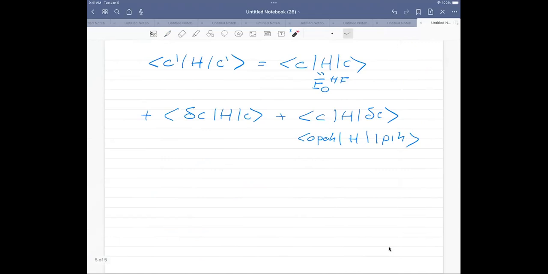And since we have a Hartree-Fock basis, when we have run the Hartree-Fock calculation, we know that this one is set to 0. So that was the constraint which we put on the Hartree-Fock calculations. So that means that these two terms are actually 0.